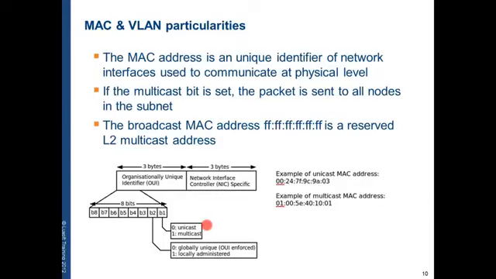The layer 2 multicast address will also always have this bit set. Here you have an example of a multicast MAC, which has the bit set, while a unicast MAC will not have it. The broadcast MAC address, which is all bits set to 1, translated in hexa means FF for all the bytes.